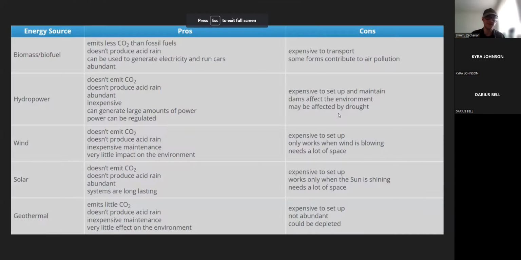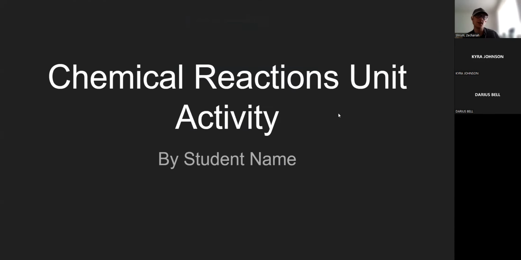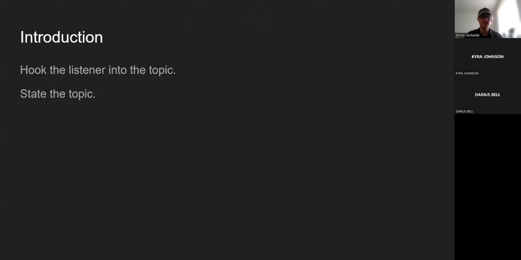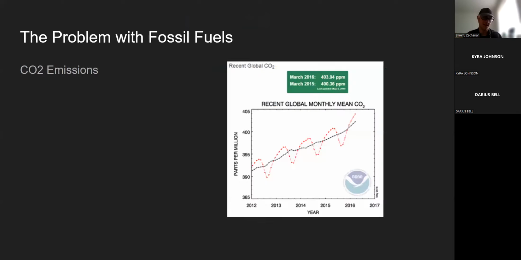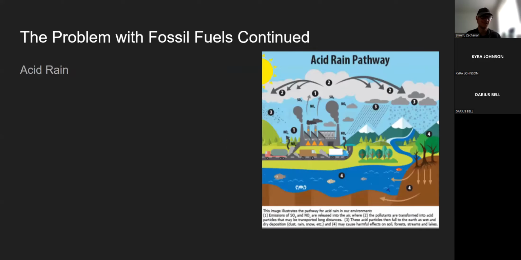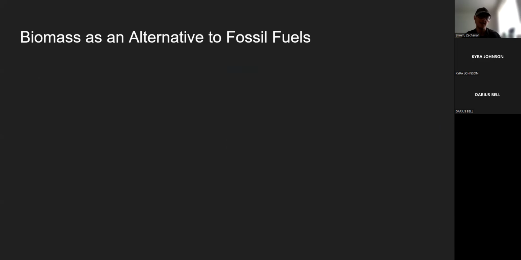And then, of course, you want to make it look a little prettier, give it your own style. But here you have chemical reactions, unit activity by student. Introduction, hook them in with the topic, state the topic. Then you have the problem with fossil fuels, talking about CO2, talking about acid rain.